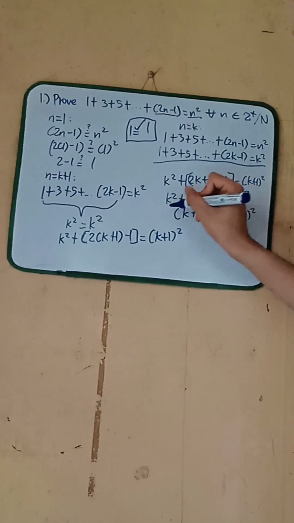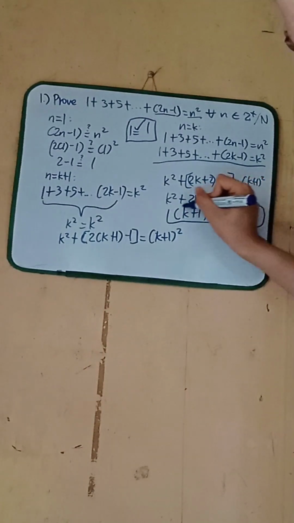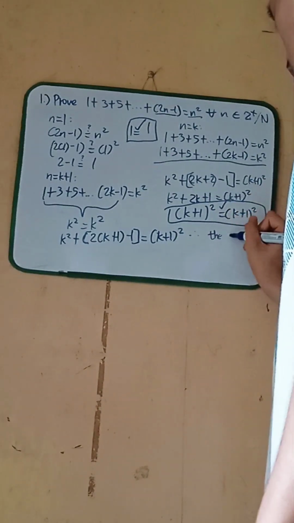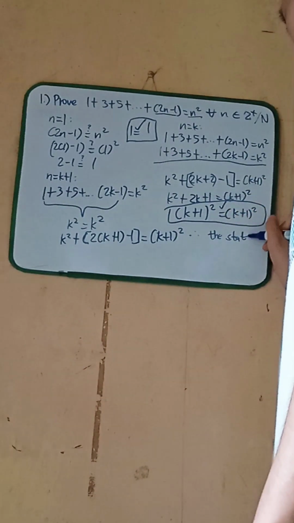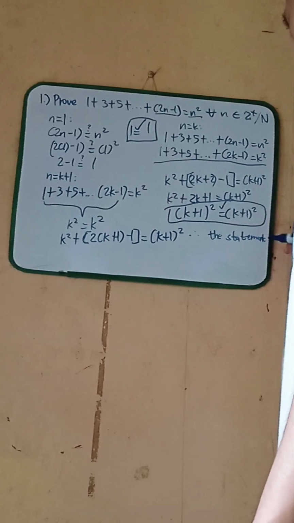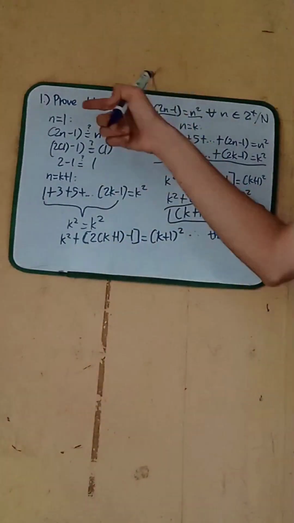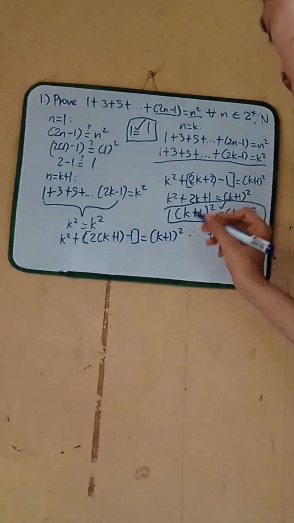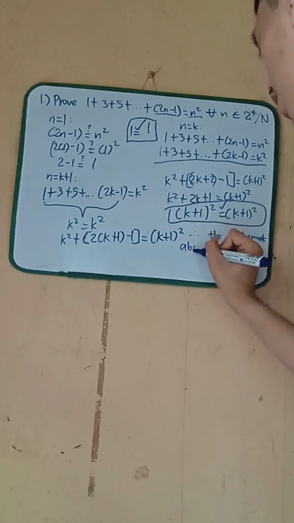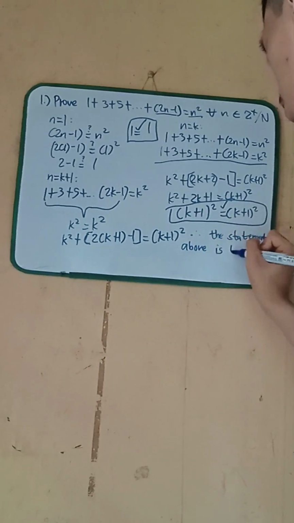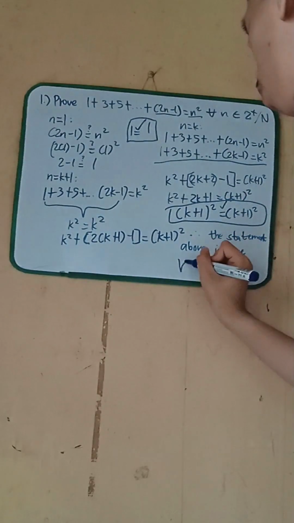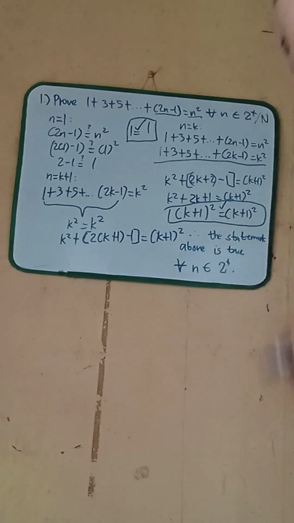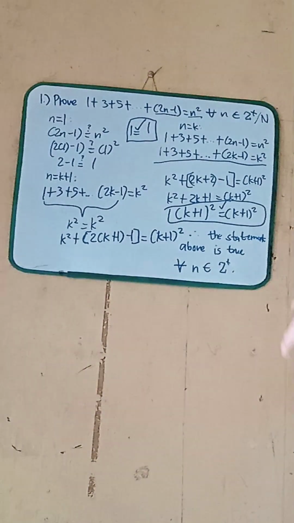And since they are both equal, we can conclude that the statement above, 1 plus 3 plus 5 plus dot dot dot plus 2n minus 1 equals n squared, is true for all positive integers. So that's the first example.